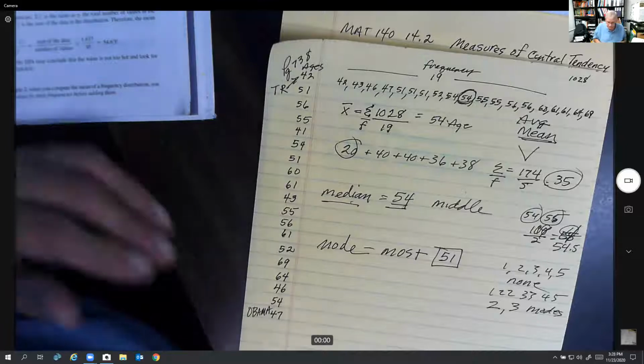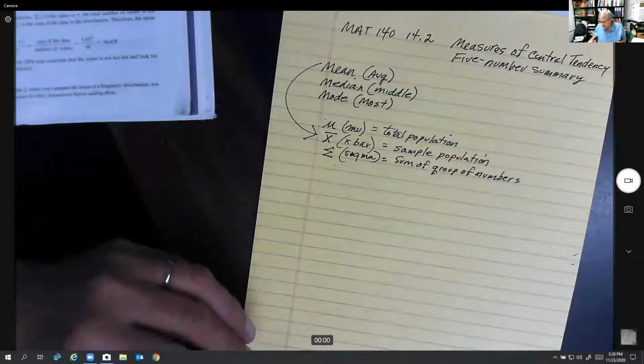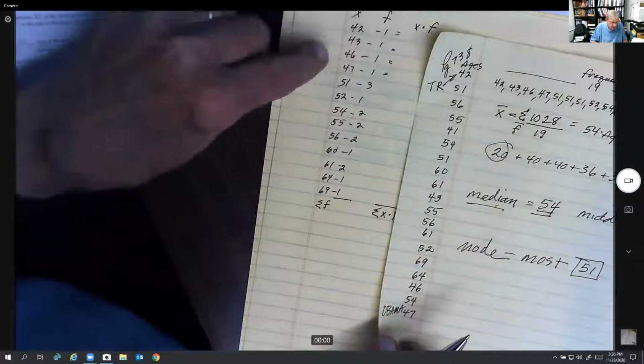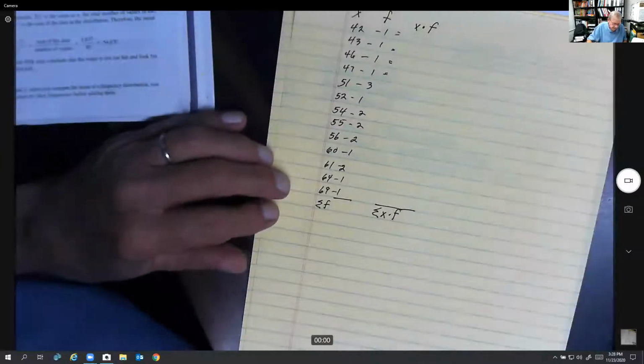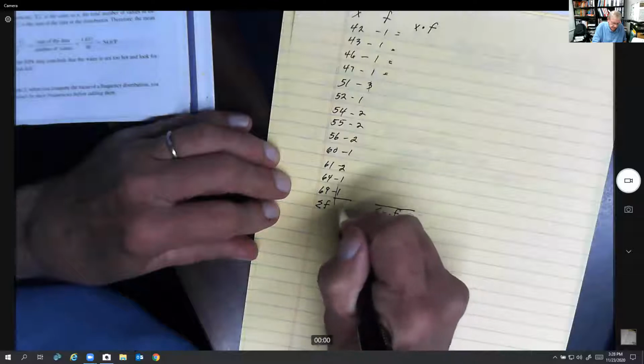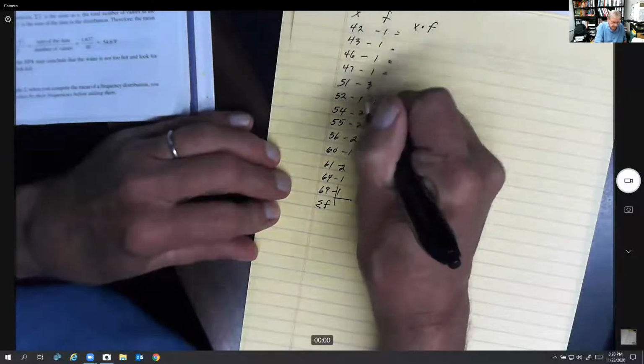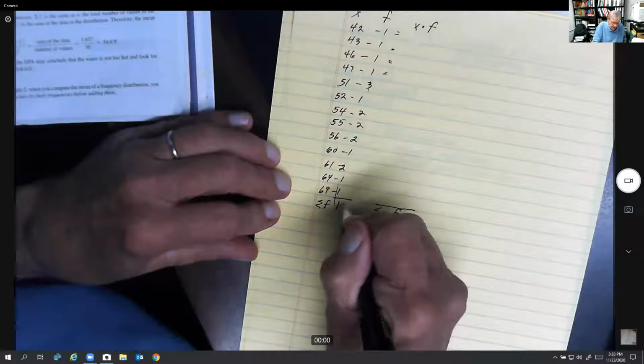Real simple, huh? Sometimes we take our data, and I think I took the presidents again, and I wrote them down by the number of frequency. 42 happened once, and 43 happened twice, and 46. So if we add up all these frequencies, they should add up to 19.